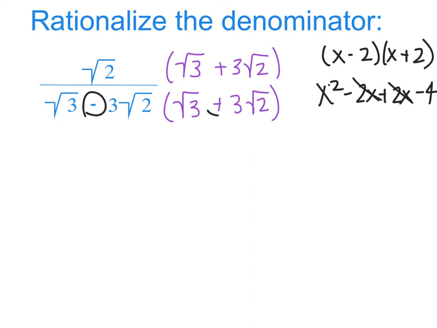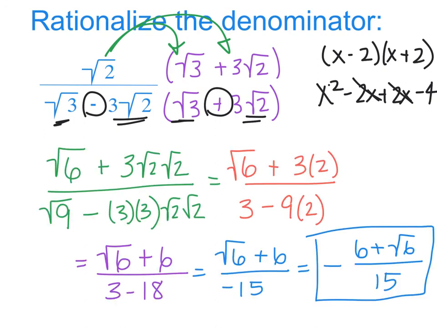Here it does the same thing. It's still going to give me a positive and negative, but those two cancel in the middle. So all I really care about is eliminating these things. So let's distribute, multiply that out, and see what we get. So when I simplify this all out, I work it out, I distribute it here, I simplify it here, move some things around, and then I end up with negative 6 plus the square root of 6 all over 15.